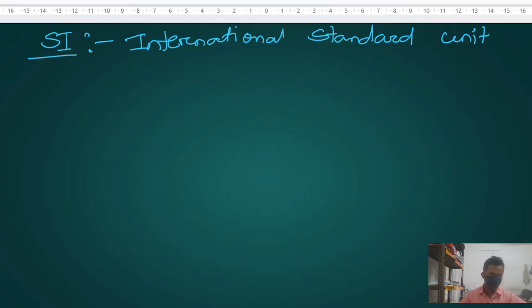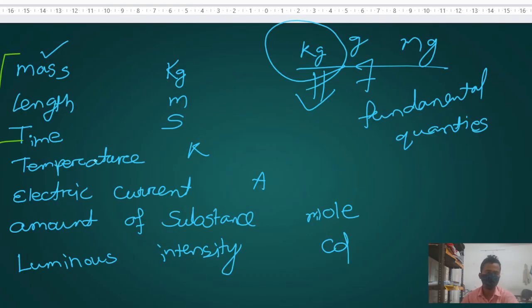Let's see. In the previous three unit systems, 7 fundamental quantities are there, but only 3 fundamental quantities are expressed. But in the SI system, 9 fundamental quantities are there. As I discussed with you, the 7 fundamental quantities you can see here.